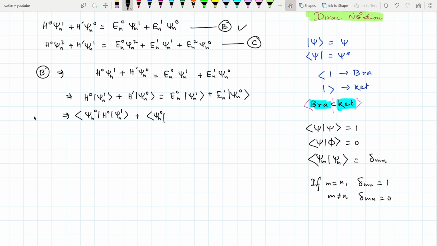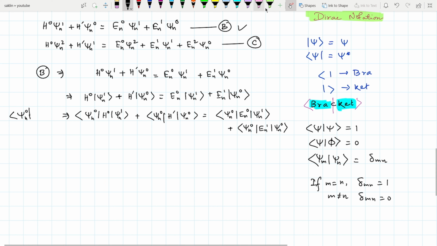Operating with psi n0 with the bra notation, that will be psi n0 En0 psi n1 plus psi n0 En1 psi n0.